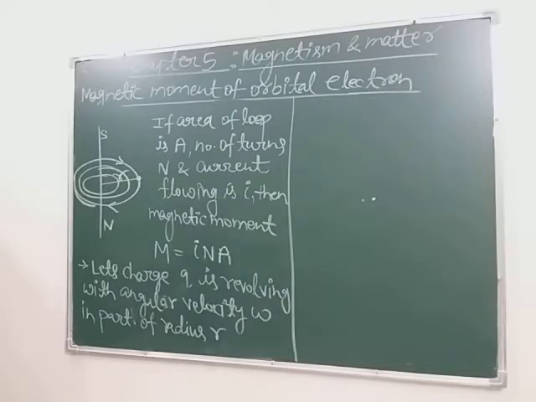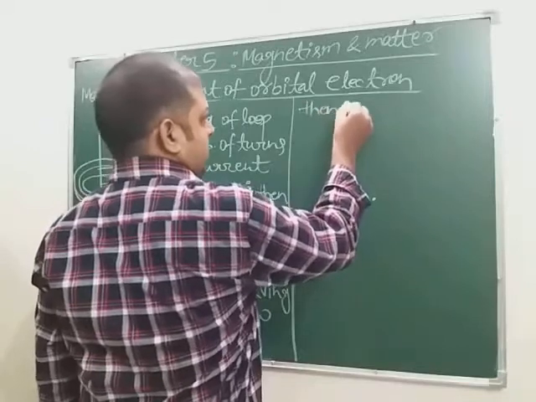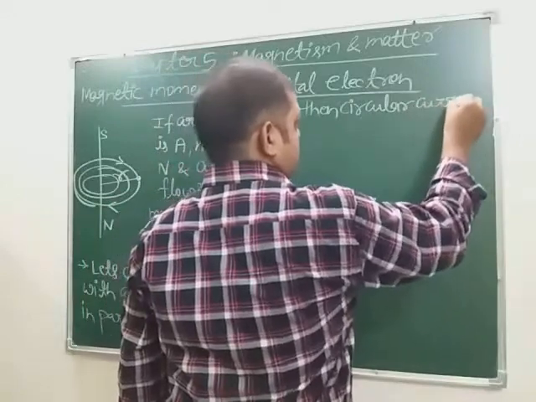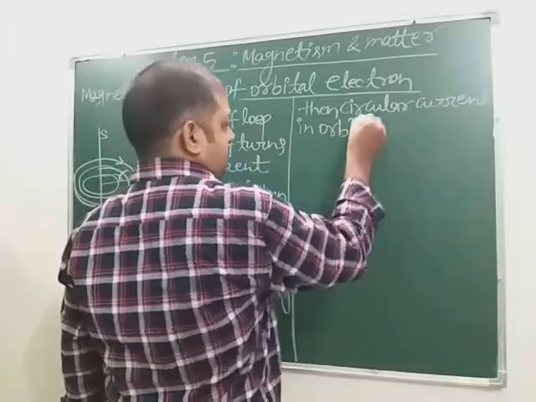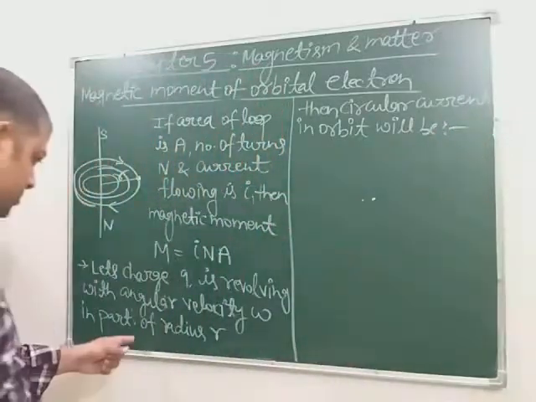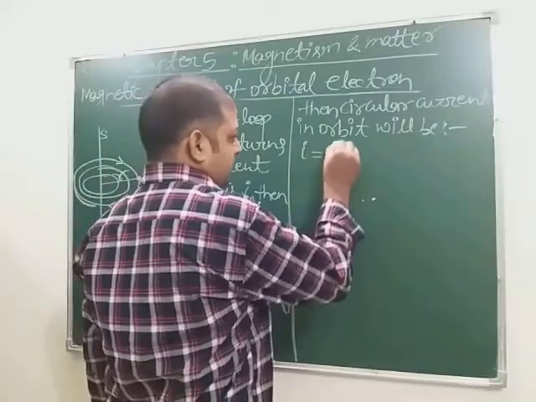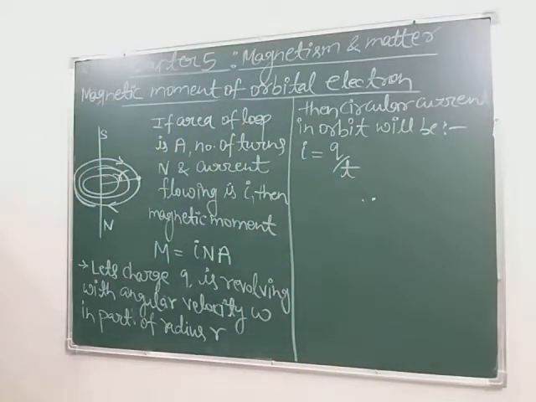then the circular current in the orbit will be... what will be the circular current? We can write I is equal to current, charge flow per unit time. Charge flow per unit time is called current. So can we find T here?